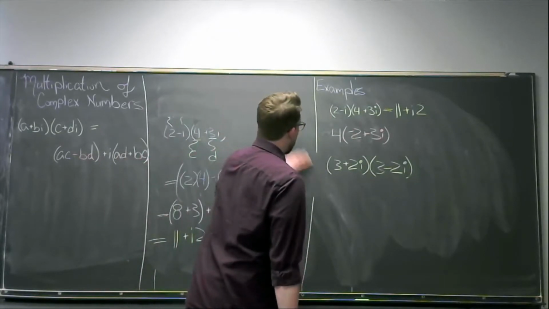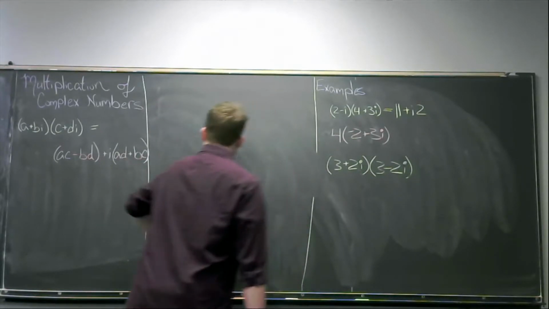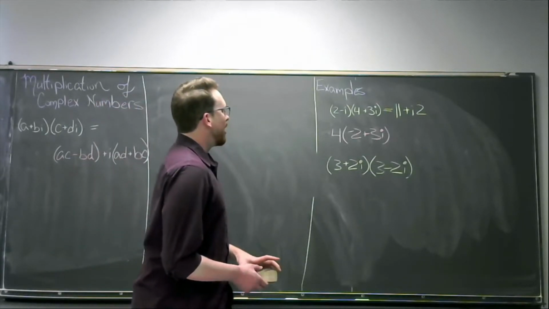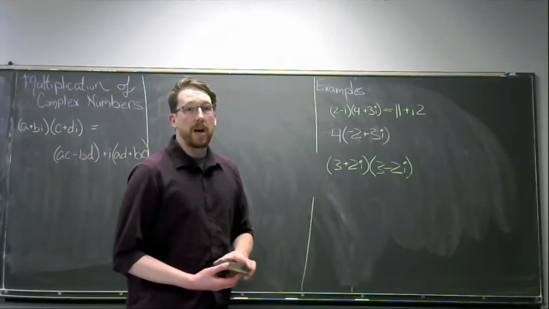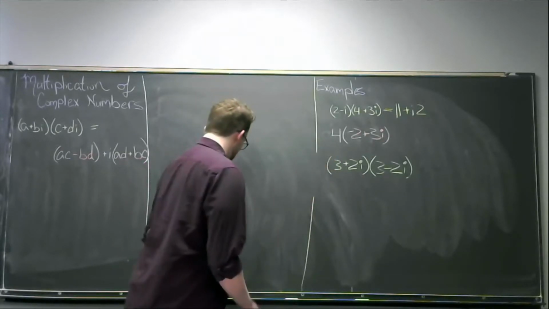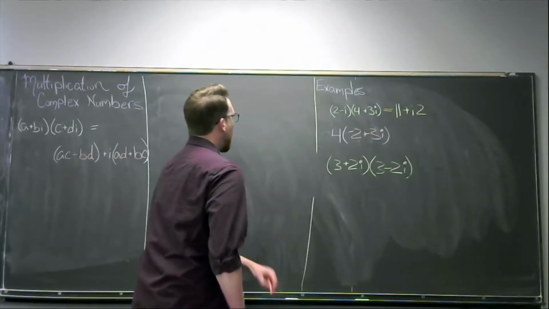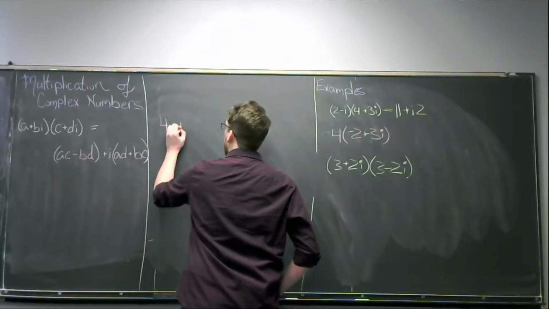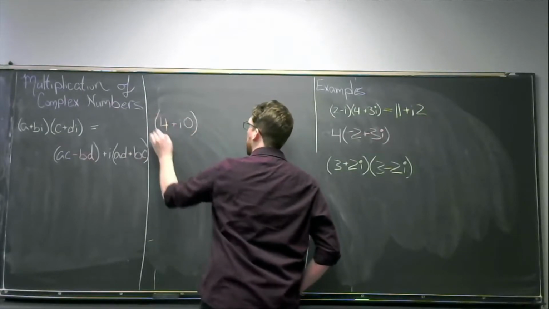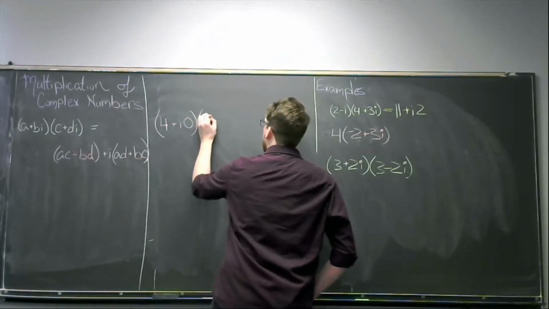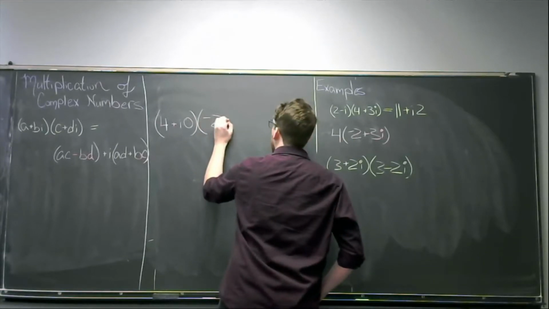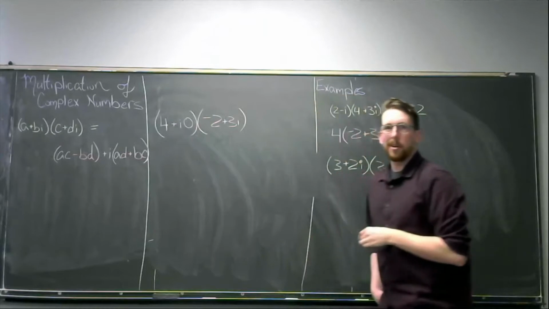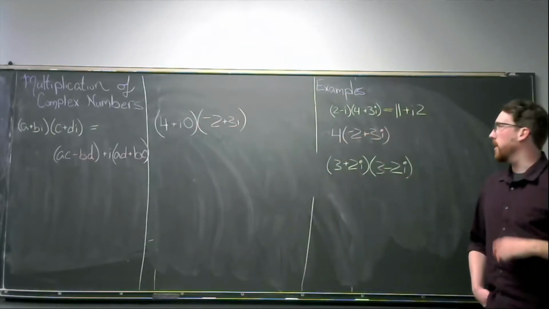The second example is 4 times the complex number -2 plus 3i. Well, I could be extra and rewrite this as 4 plus i times 0, times the complex number -2 plus 3i. I could do that, but why even bother with that?